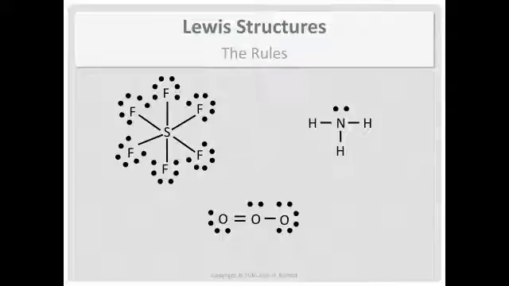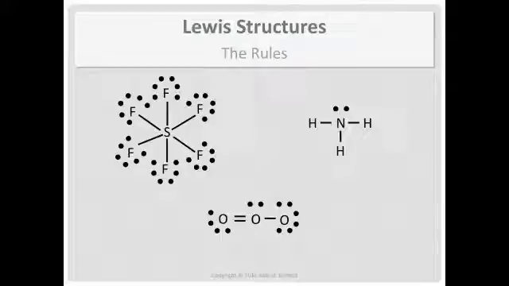You follow a set of rules. The rules seem very arbitrary to begin with. As you learn how to do more and more structures, the rules start to make more and more sense. So the way I always think of it is that the rules were designed to funnel you to a certain result.